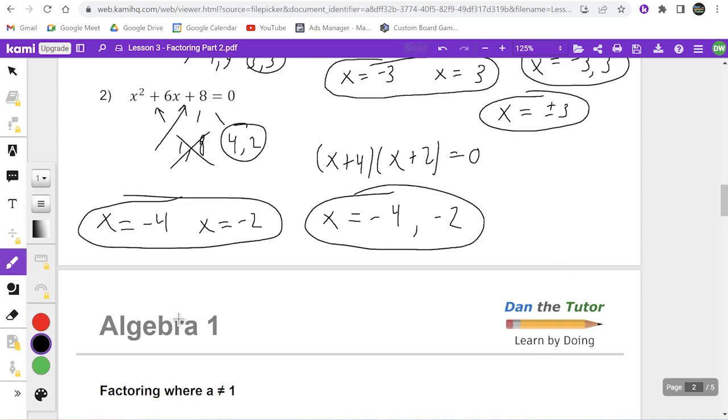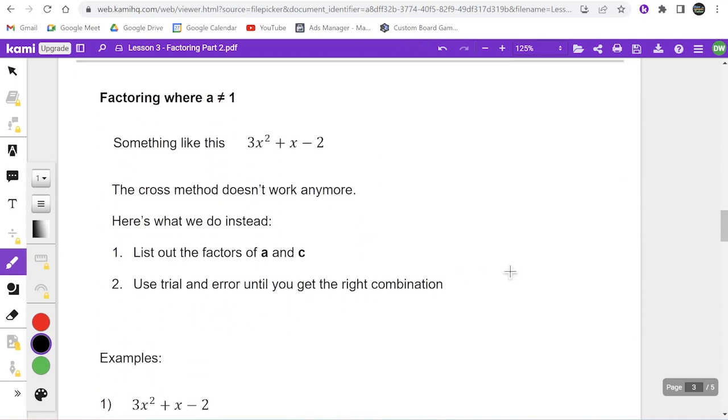Okay, so next we're going to talk about factoring where a does not equal 1. What's a again? Remember, a is from the form ax squared plus bx plus c. Every problem we've done so far with factoring has just had a 1, an invisible 1, in front of the x squared, which means that the problems we've done so far have been the easy ones, basically.